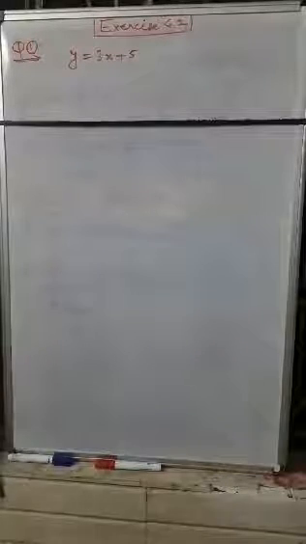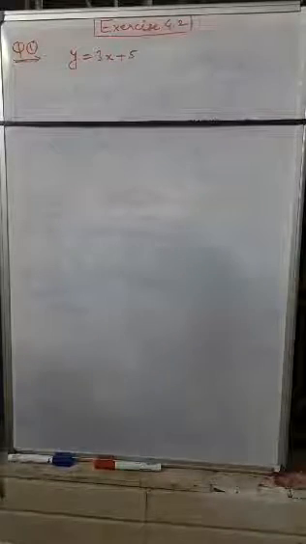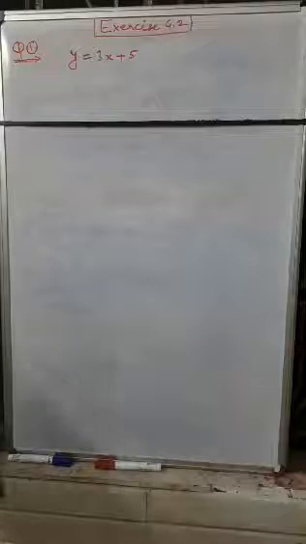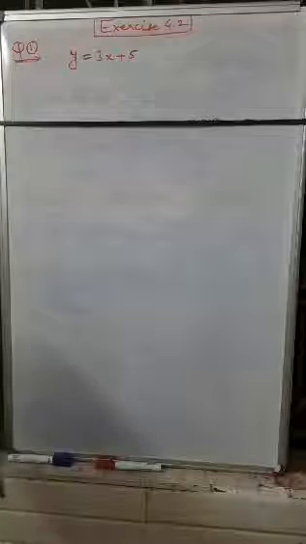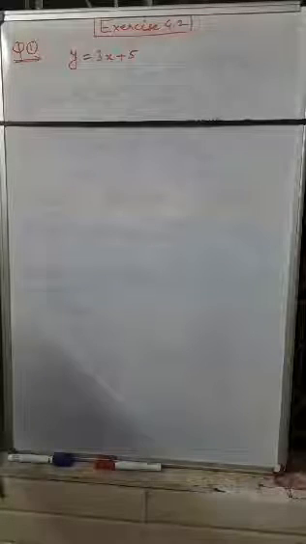Now we are solving exercise 4.2 question number 1. It is a multiple choice question. Which one of the following options is true and why? You have to choose one option out of the 3 options given.